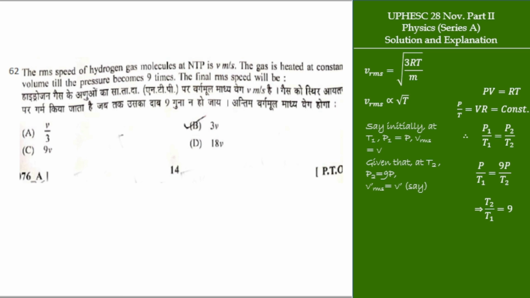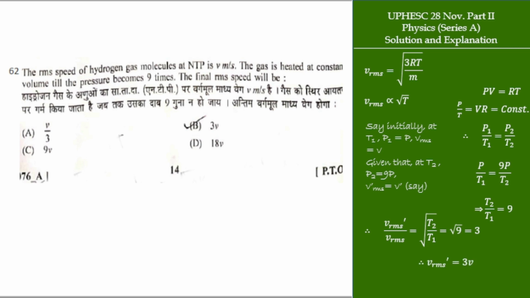Now, Vrms is directly proportional to the square root of T, which provides the new Vrms speed V dash divided by Vrms equals square root of T2 upon T1. That is, we have calculated already, equals 9. So square root of 9 gives you the value 3.